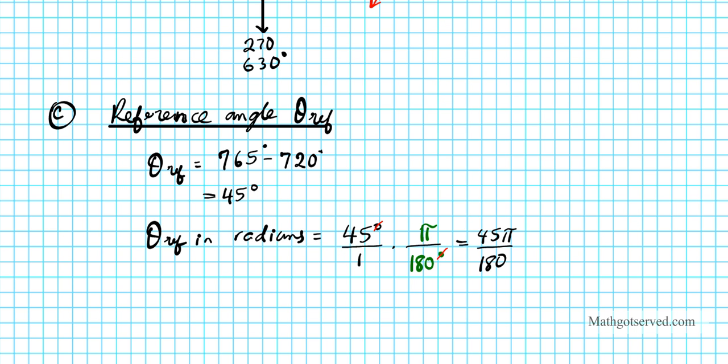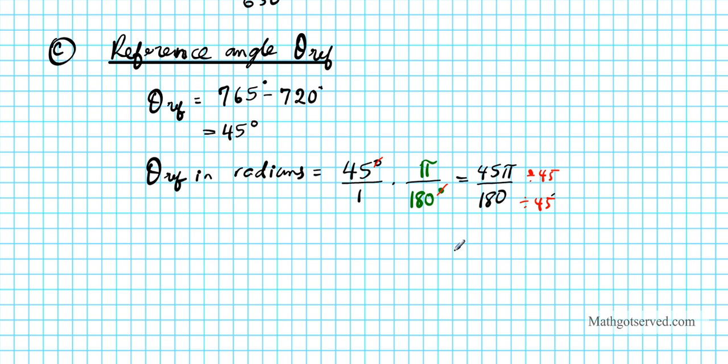Divide the top and bottom by 45. And that's going to give us a result of pi over 4, because 45 goes into 180 4 times. Pi over 4 radians. All right, so theta reference is basically 45 degrees or pi over 4 radians.